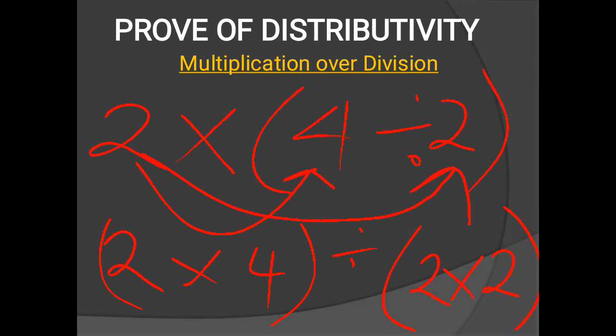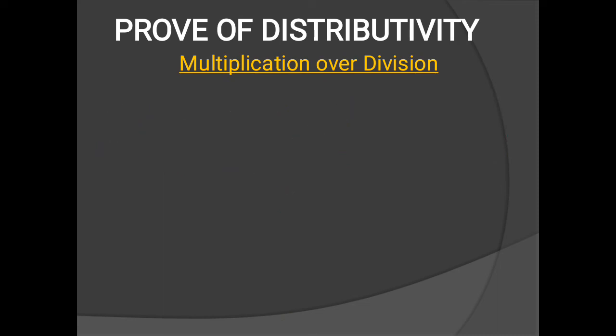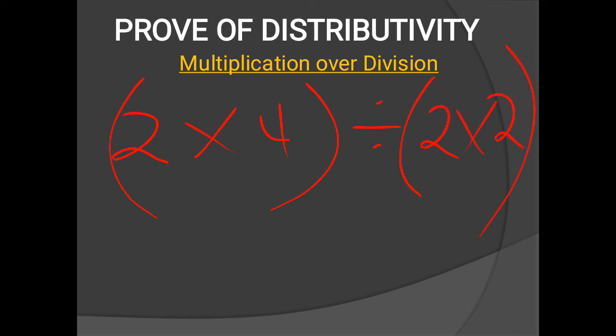So 2 times 4 divided by 2 times 2. 2 times 4 is 8, divided by 2 times 2, which is 4.